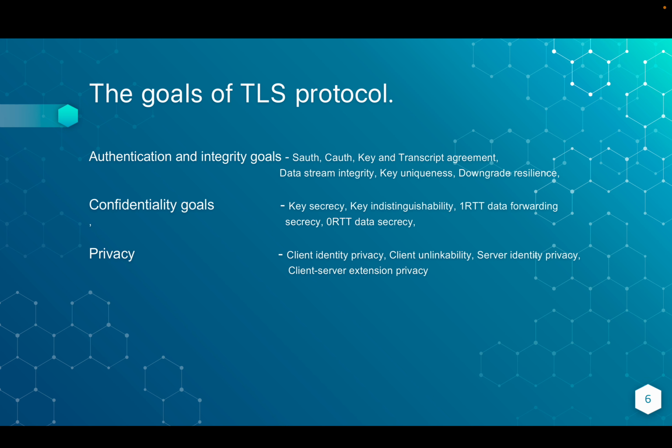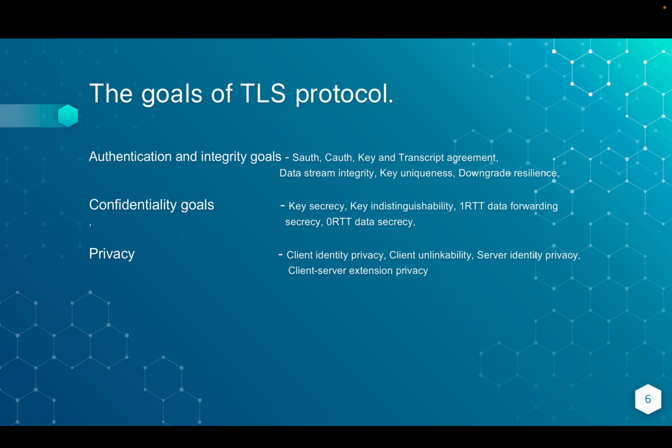There are two possibilities: either the client is genuine or the client is compromised. Next one is key and transcript agreement. If a client completes a handshake with an honest peer, then they should agree on the connection keys and handshake transcript. Next one is data stream integrity.